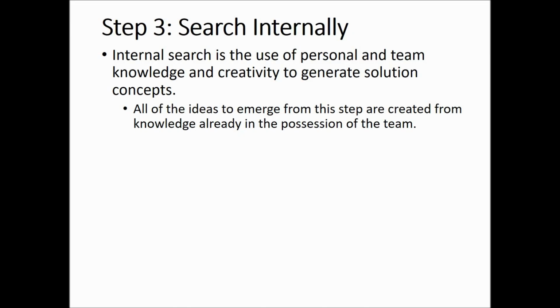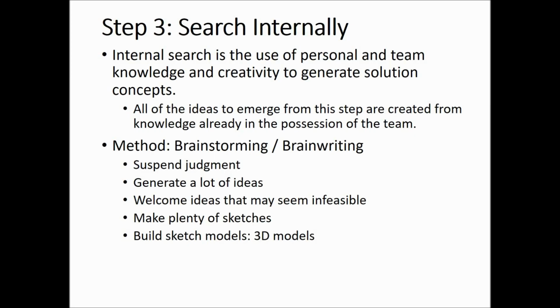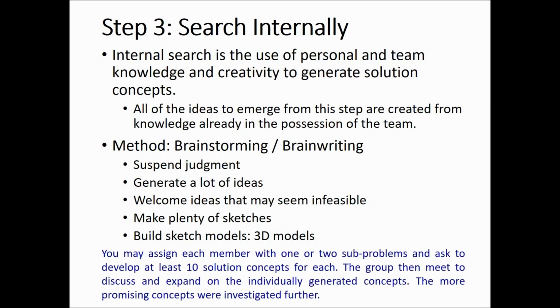And then again you can discuss among yourselves, share your experience and knowledge and expertise in coming up with some new ideas. For that, of course, you could use brainstorming or brainwriting techniques. I have explained these techniques earlier.